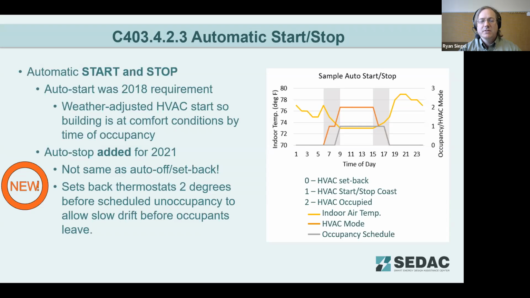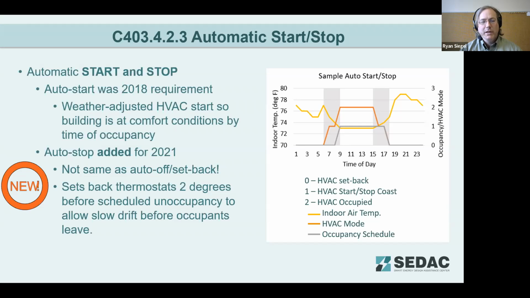And what this is looking at is weather adjusting start and stop times, because as you get into spring and fall, where the outdoor conditions are not very extreme, the building may not have drifted very far from set point to begin with, and the building can recover easier during these more temperate times.